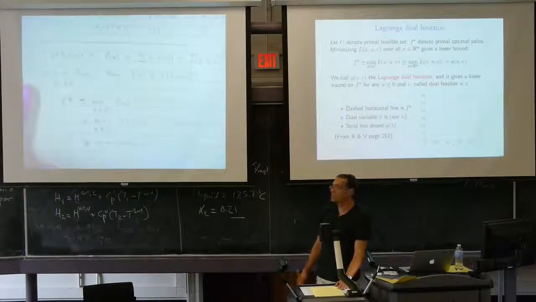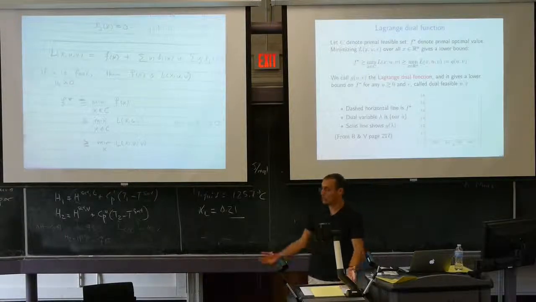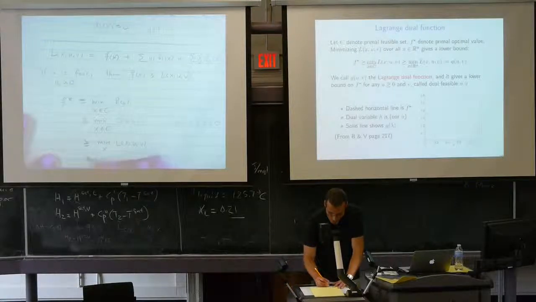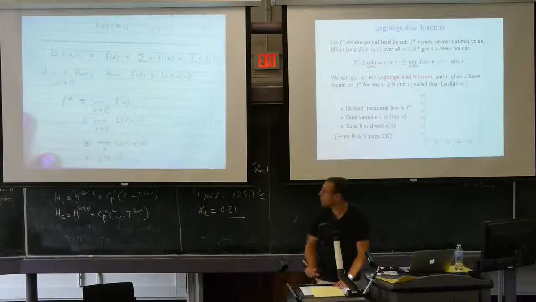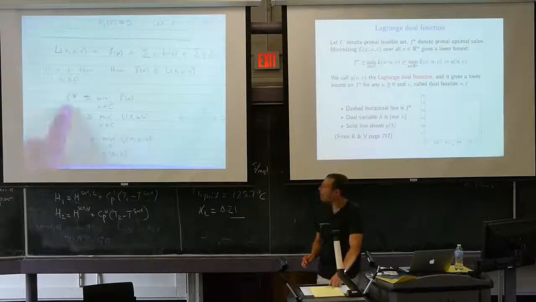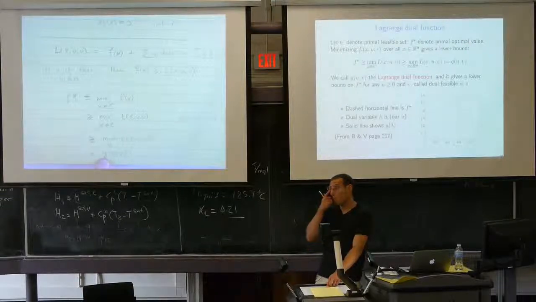Again, provided that u is bigger than or equal to 0. Right, because if I take away the constraints, I can only make the minimum of that problem smaller. And I define this to be some other function g, which is only a function of u and v. So I've minimized out over x. And so now the optimal value of my criterion is bigger than or equal to this function g of u, v, as long as u is non-negative.